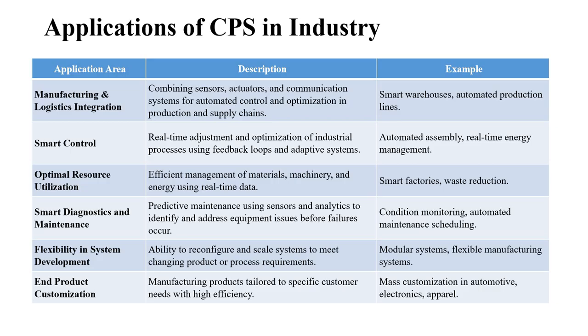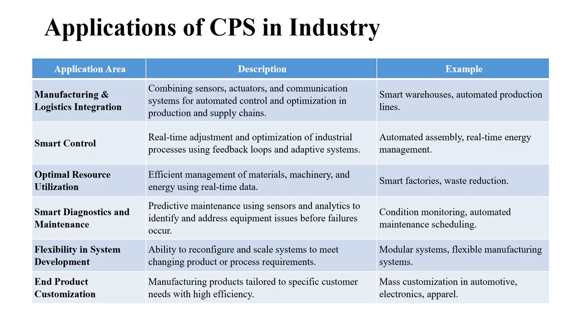Okay, and next is the smart diagnostics and maintenance. Here this will leverage the CPS technologies to continuously monitor the health of the machines and the equipment and identify the issues before they cause failure and recommend or trigger the maintenance actions. And here the examples are condition monitoring, automated maintenance scheduling.